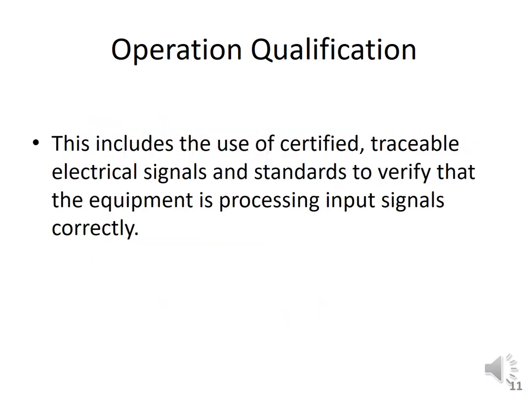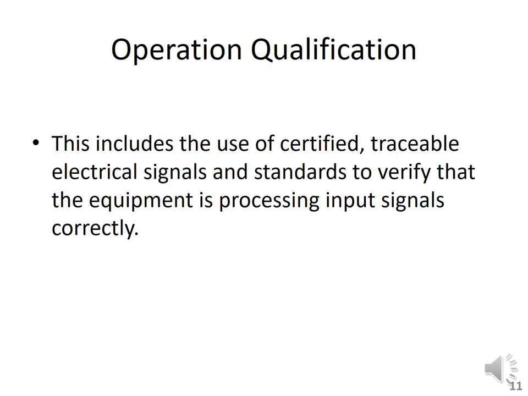If you are talking about operational qualification with reference to machine, right, so this will include the use of certified and traceable electrical signals because the machines are usually working with reference to the signals, right? Output input दोनों usually signals होते हैं बहुत सारी machines में, और बहुत सारी machines में जो उसका output होता है वो signal होता है, input नहीं होता. So we have variety of machines.